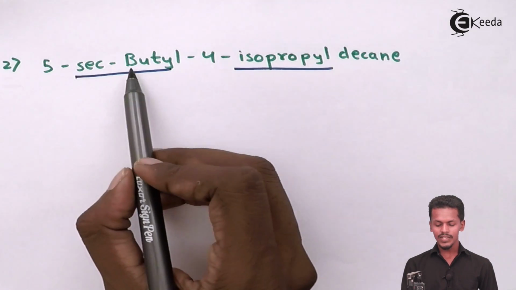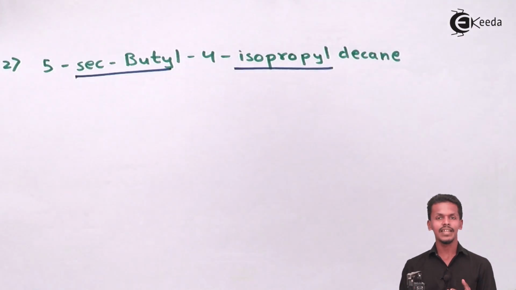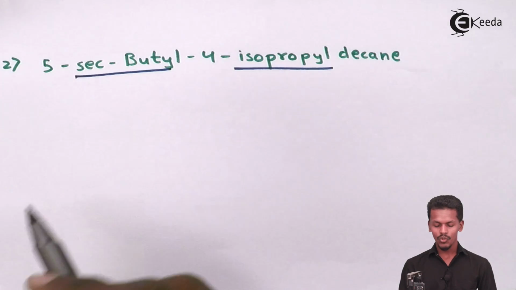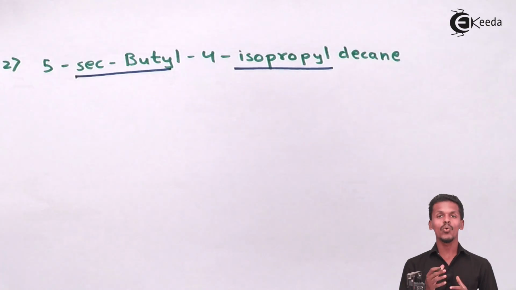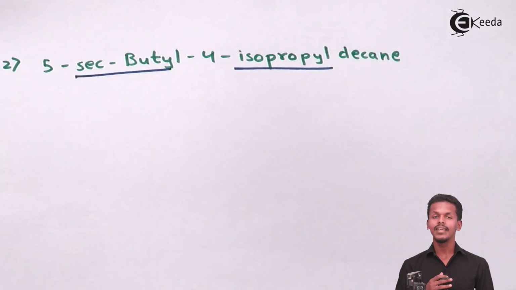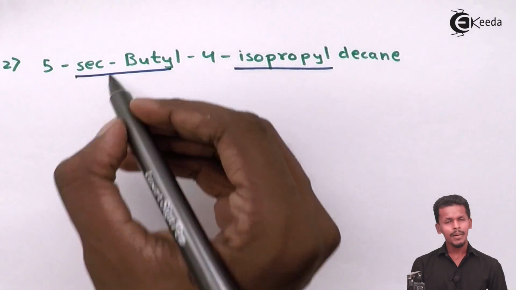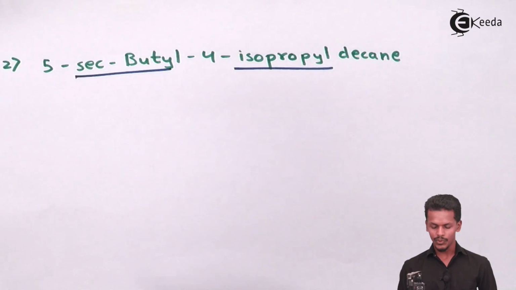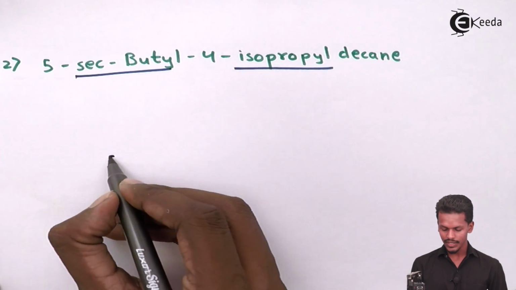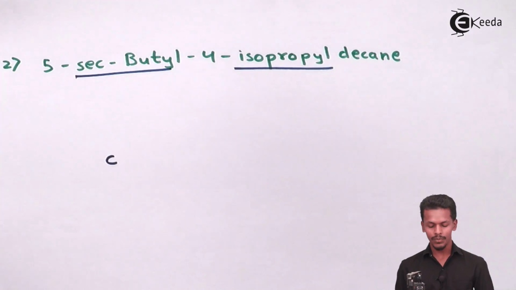Because it is a secondary butyl structure, secondary itself means that the carbon will be attached to 2 carbon atoms, and moreover it is butyl, meaning overall there would be 4 carbon atoms. So how can we write that? I am talking about secondary butyl right now, which consists of 4 carbon atoms overall.